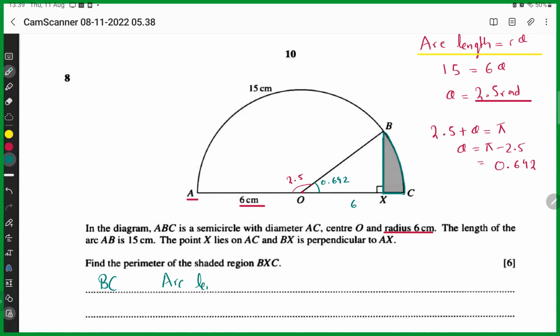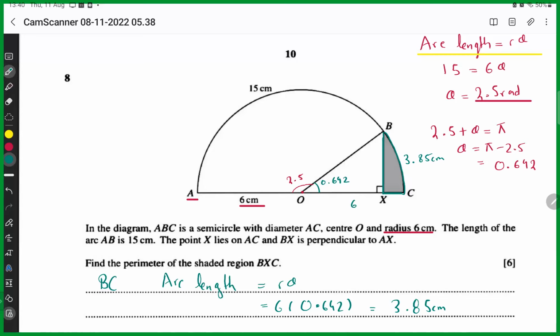Arc length is r theta whenever your theta is in radians. So the radius is 6 and theta turned out to be 0.642. You are going to multiply the two things, and this is going to give you 3.85 centimeters. Okay. We have the arc length now.